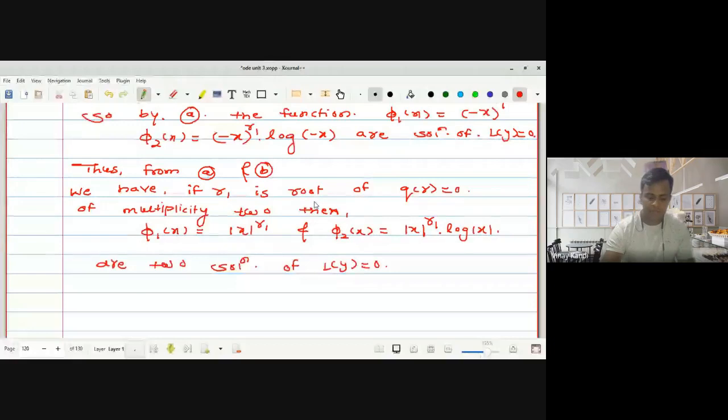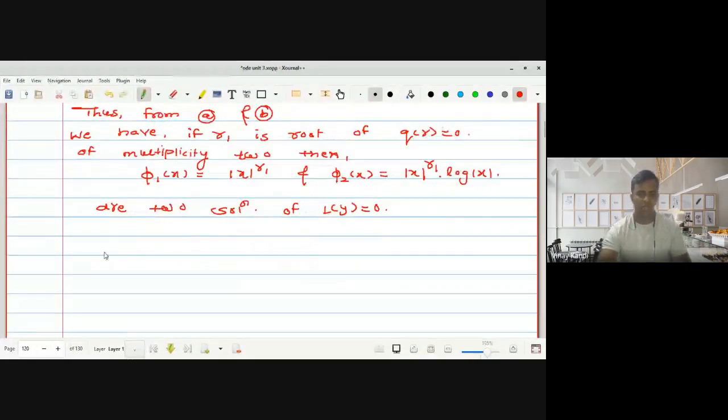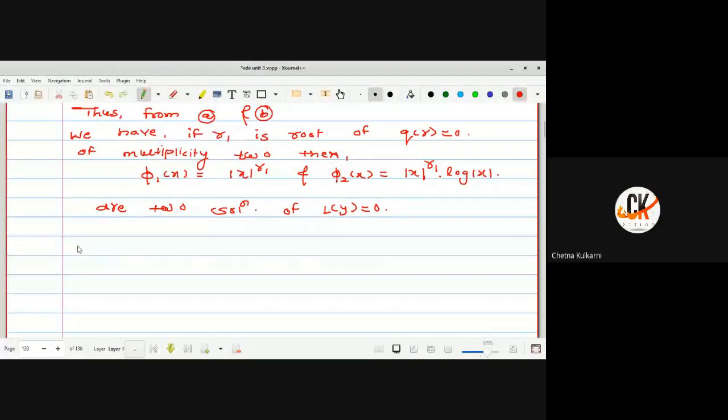Okay, now we remain to show that the phi1 and phi2 are the linearly independent solutions. Okay, now to prove that, any doubt up to here? No, sir.